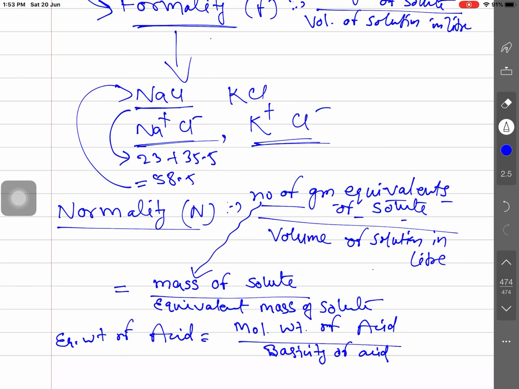What is equivalent weight? It is the mass of solute divided by the equivalent mass of solute. The equivalent weight of an acid is the molecular mass of the acid divided by the basicity of the acid.